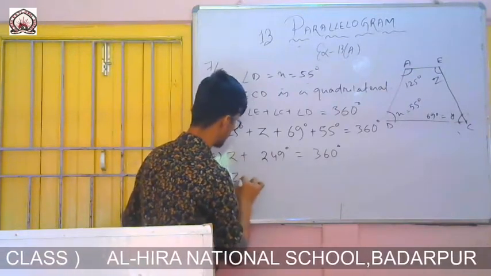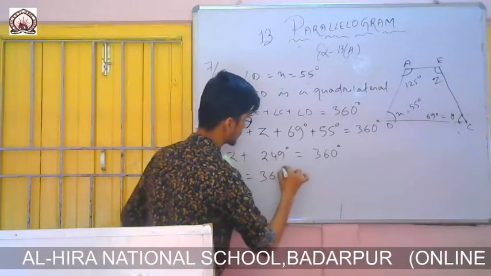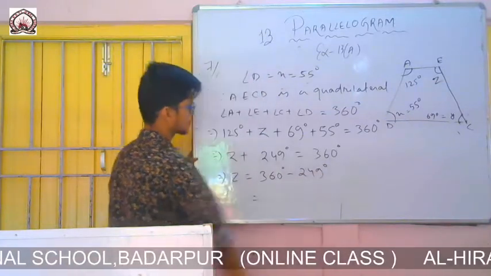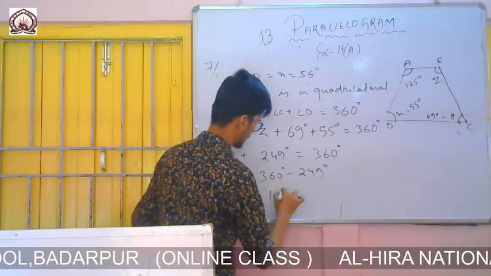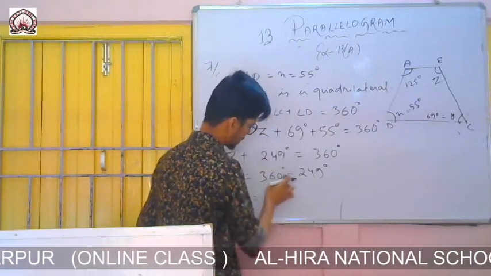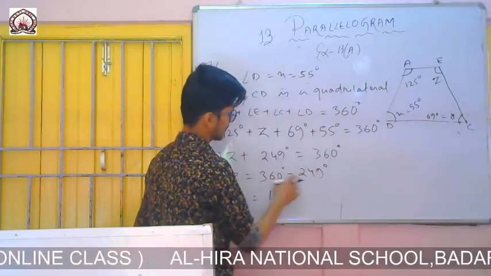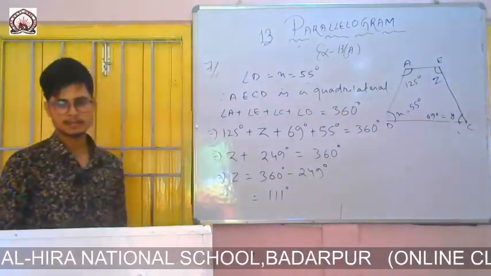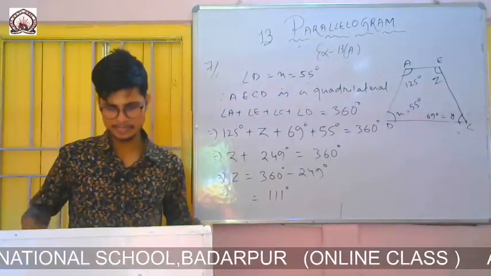That means z equals 360 degrees minus 249 degrees, which is 111 degrees. So z equals 111 degrees.